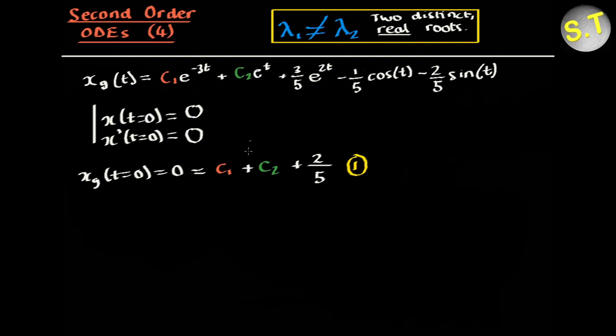And like I said earlier, in order for us to calculate two unknown constants, we need two equations. So our second equation is going to come from this second initial value we have here. So first off, we're going to need to find what the first derivative of our general solution is with respect to t. So the first derivative of our general solution, and for these first three terms here we can just use the chain rule.